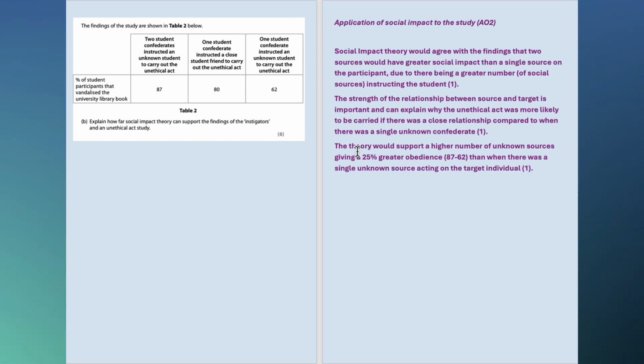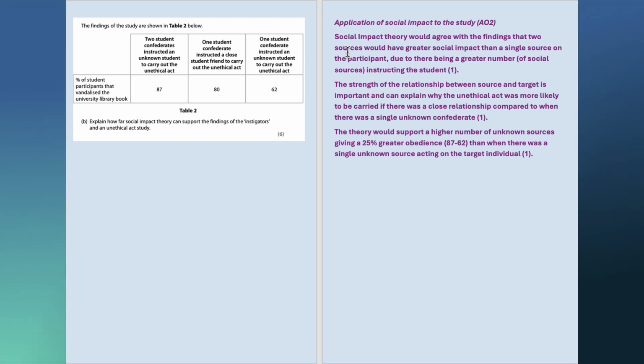The more sources you have acting upon a target, the more obedience you're going to have in social impact theory. And this study supports that, if you look at that difference between 87% and 62%. So that's the first part of it, and that would get us our 3 marks.